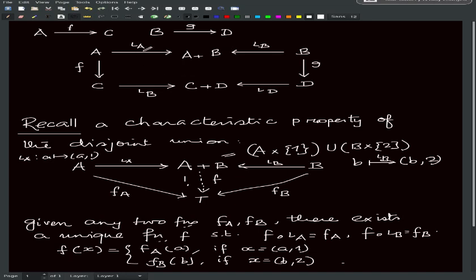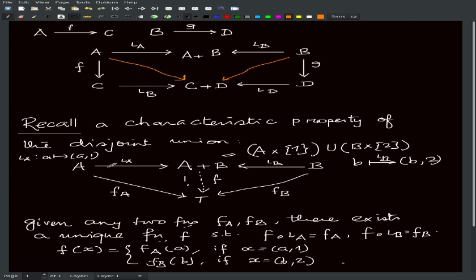So now let's see. What's the picture? The picture is you have this thing. Whenever you have this triangle kind of a thing, there is a unique way to fill up this. So now you have to recognize this triangle. This gives me one map, and this gives me the other map.